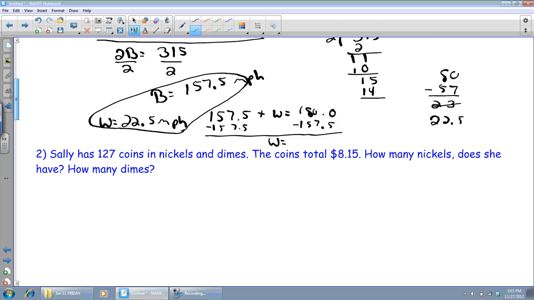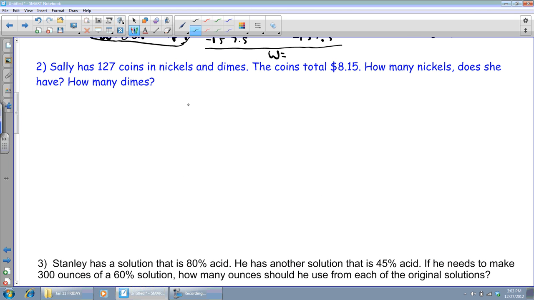All right. Sally has 127 coins in nickels and dimes. So let n equal the number of nickels, d equal the number of dimes, right? The coins total $8.15.